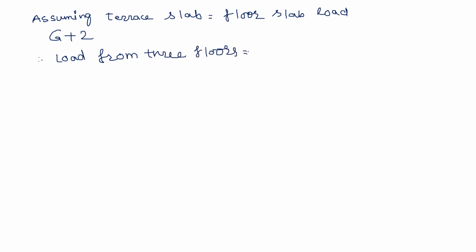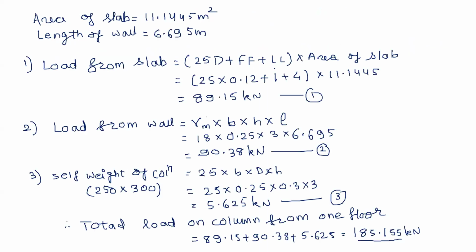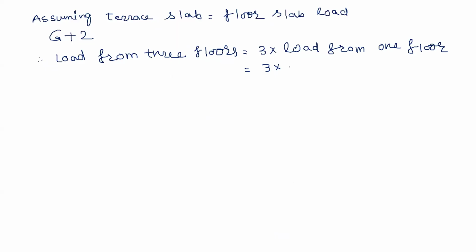equal to 3 into load from one floor. Load from one floor. And then this is equal to 3 into, we have load from one floor 185.155, and then we will get this value 552.6. 1 minute, I will calculate it.